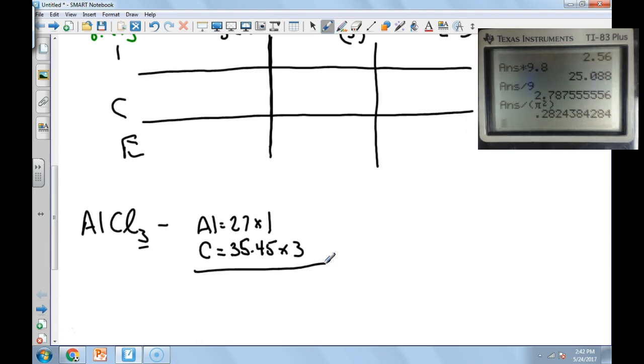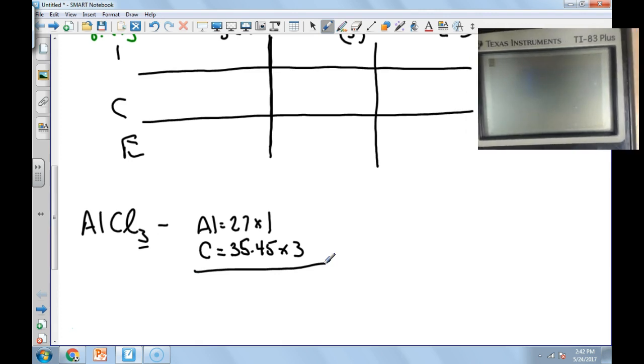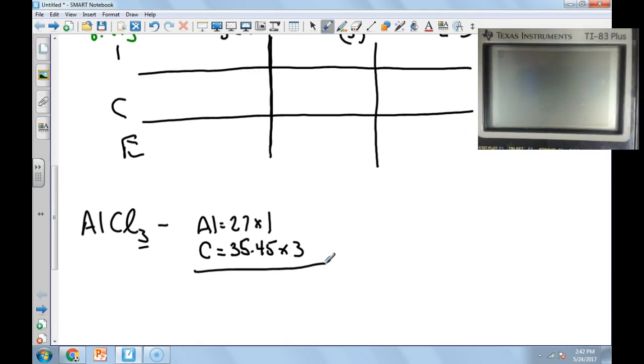So I'm going to turn on my calculator. I'm going to do 27 times 1 plus 35.45 times 3. And that gives us a molar mass of somewhere around 133.35.